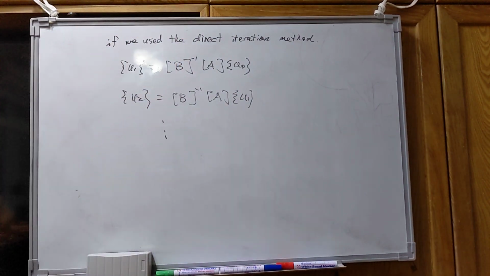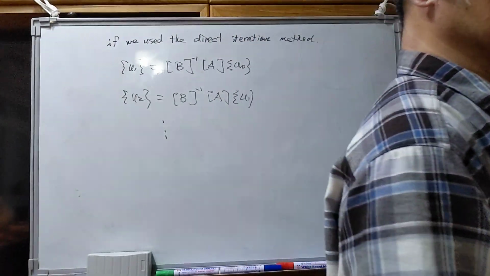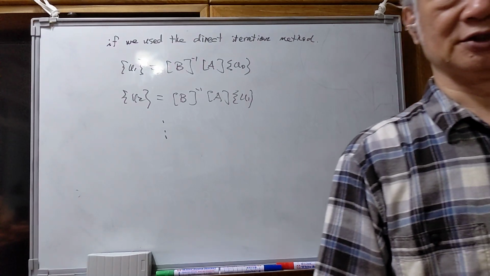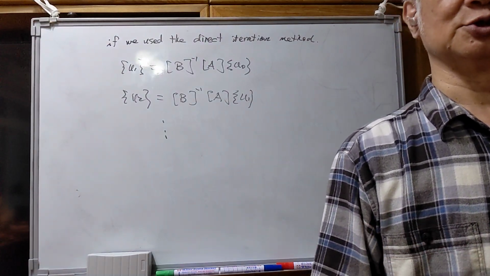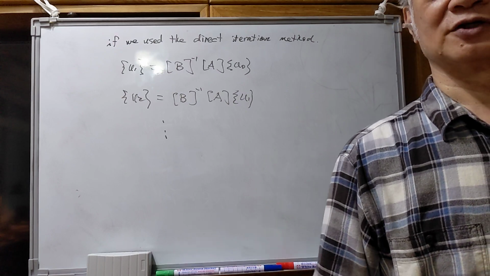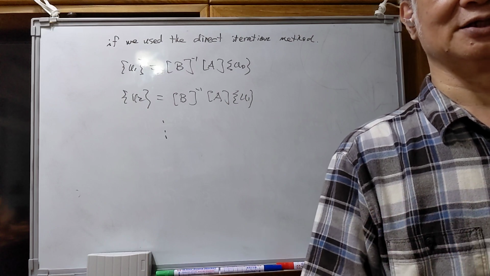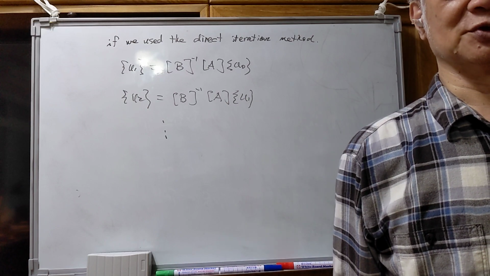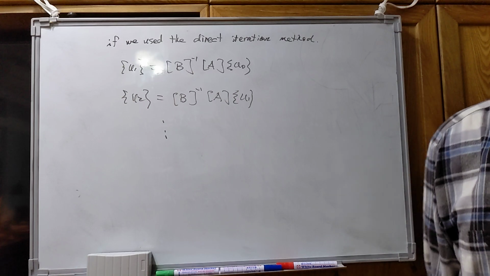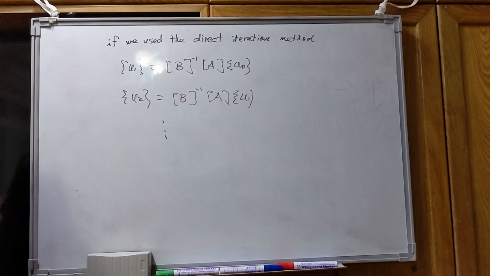So we use B inverse A times the initially assumed U0 vector, then we get U1. After we get U1, we multiply B inverse A by U1 to get U2. This solution procedure is called the direct iteration method.